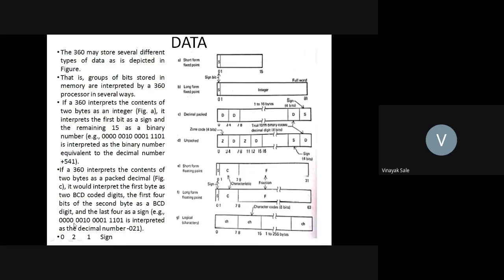This 0000 indicates 0, then this value is 2, then this value is 1, and this last is a 0. The last indicates a sign, and the sign here has an odd number of 1s. The addition of this is 11, so again you will get 1. So here the sign is negative.